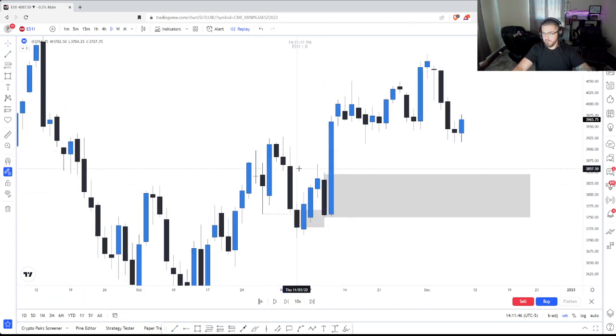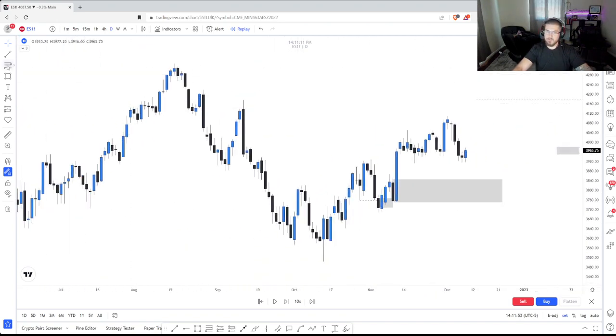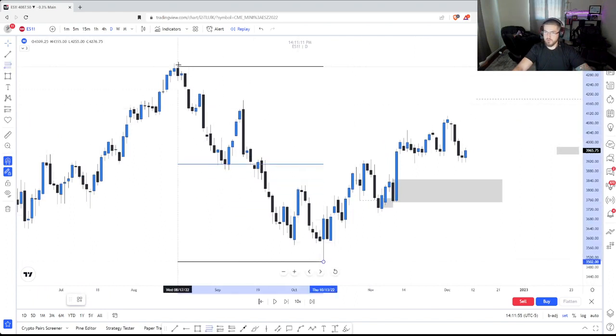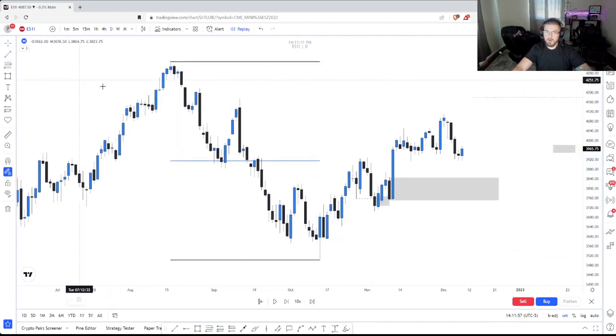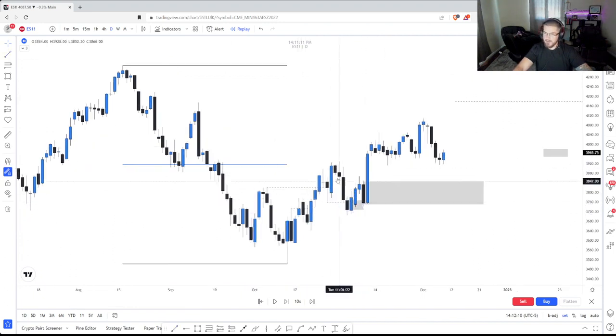Now, this is where you can be a little more aggressive once you understand bias, because if you are bullish and you've already used liquidity and market structure to say we're likely going to a premium, because right here you have that short-term high shift, that's telling you price is going up. So anytime we take out a low, you're looking at it as a buying opportunity. We don't necessarily have to take structure before we look at that as a buying opportunity.